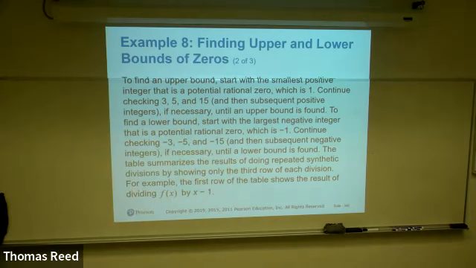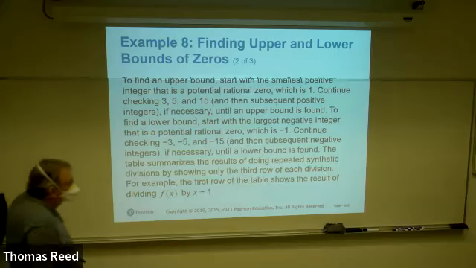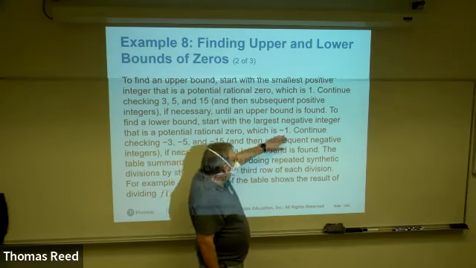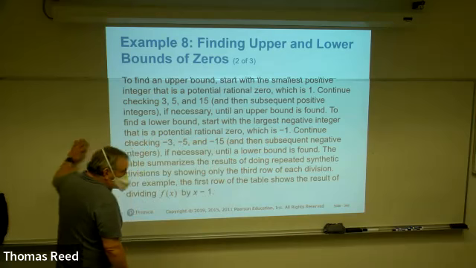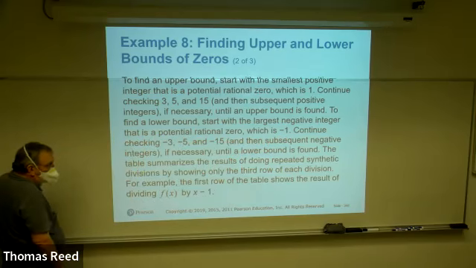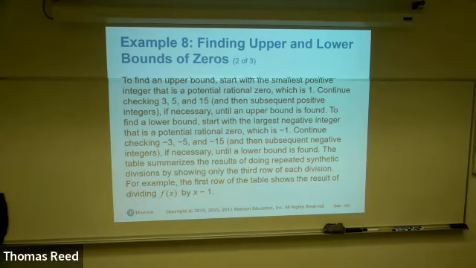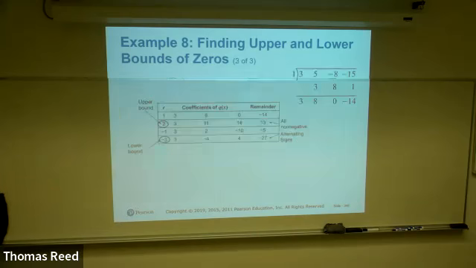To find the lower bound, you do the same thing, except you start with -1 and continue down until you find the appropriate pattern in the third row, which is every other number. It bounces positive, negative, positive, negative, or there'll be a 0 instead.